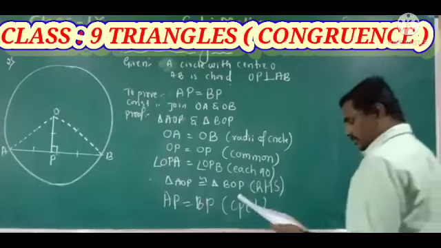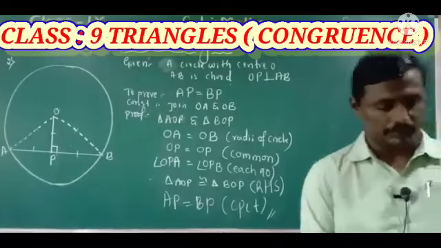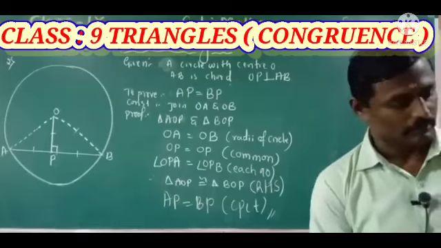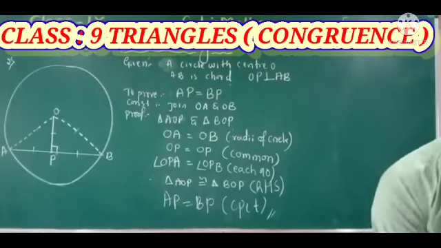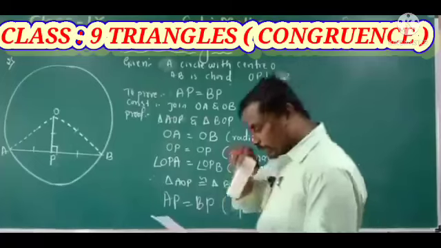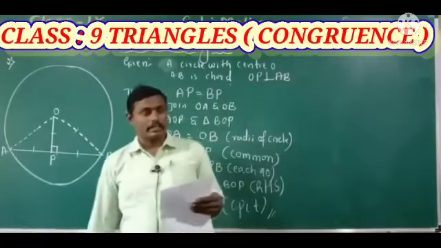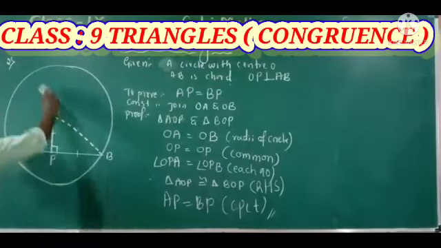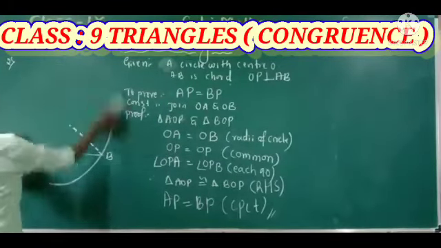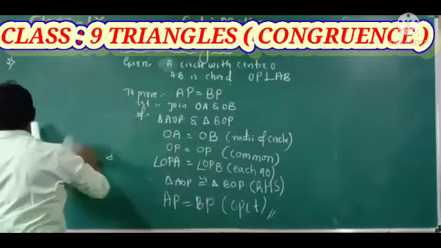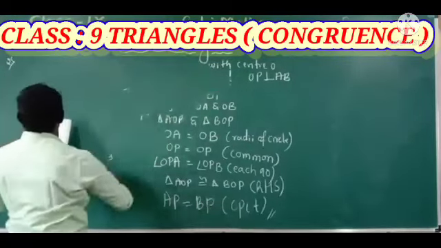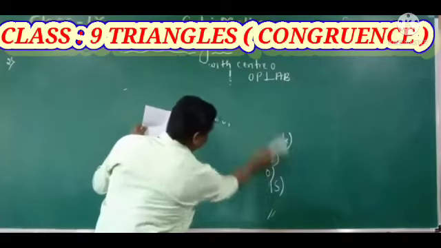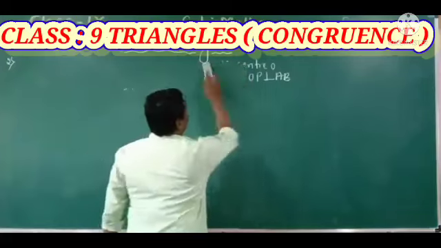Okay. Next, see the third question. In the third question, the perpendicular bisectors of the sides of a triangle ABC meet at I. Prove that IA is equal to IB is equal to IC.